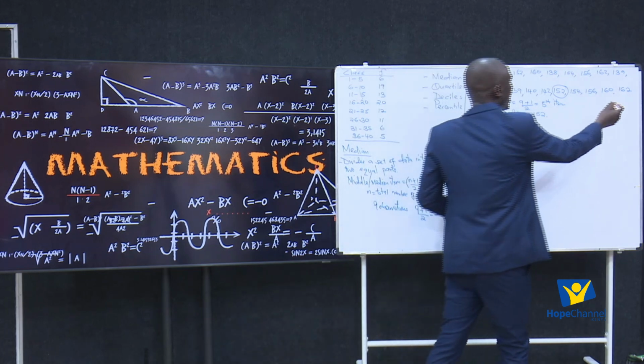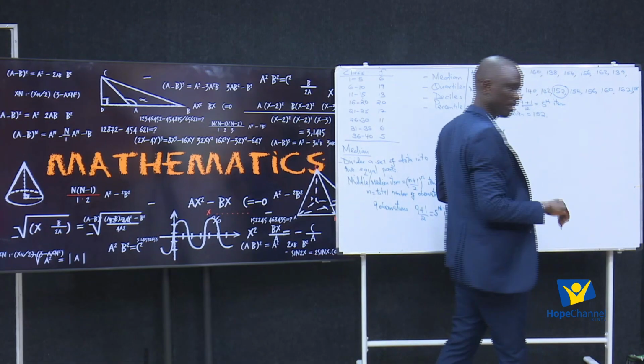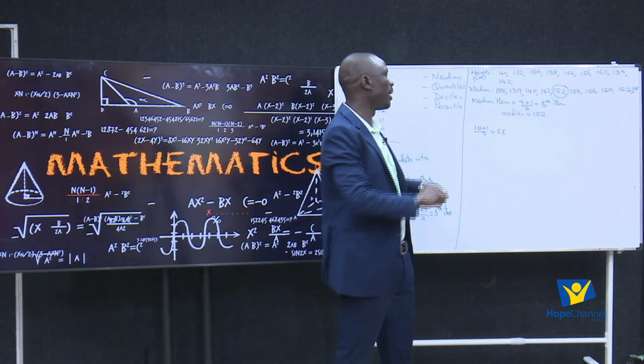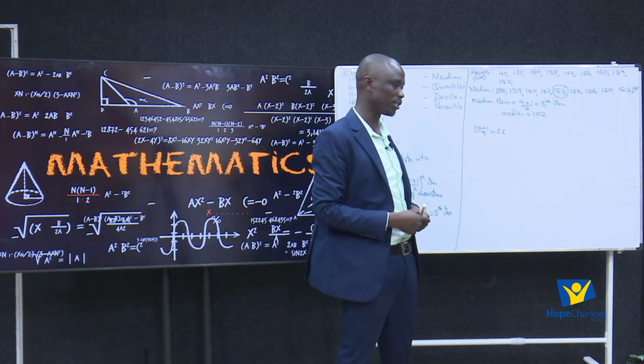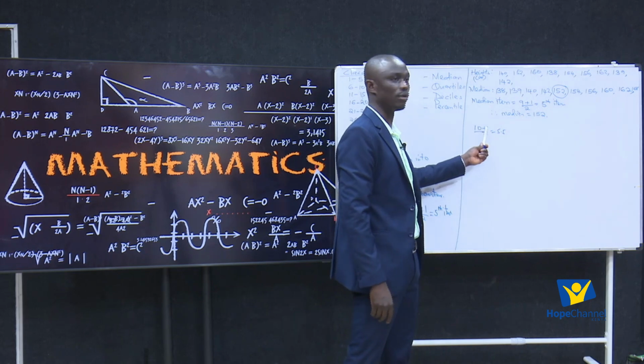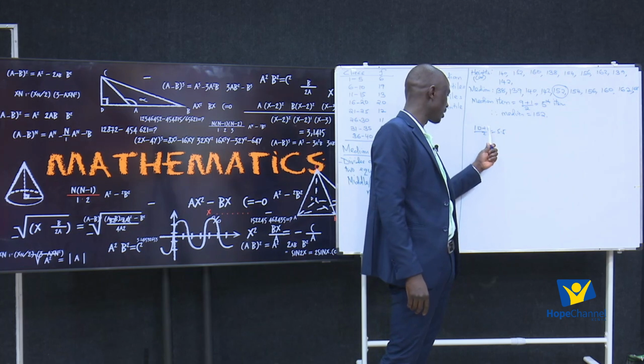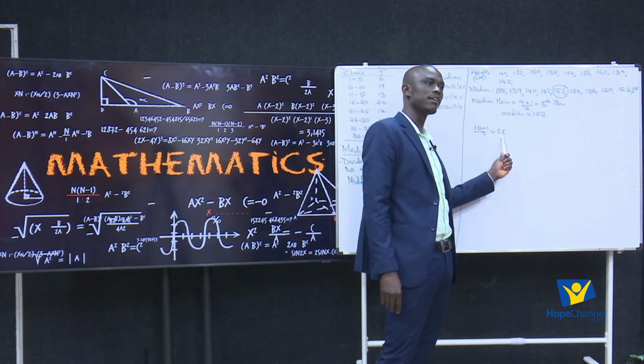Assuming I add another data here, maybe 168, to make it now 10, we see how this formula works. You add 1 and divide by 2.